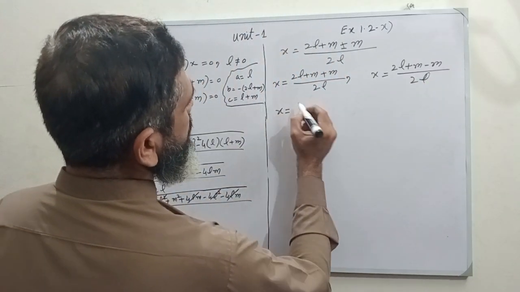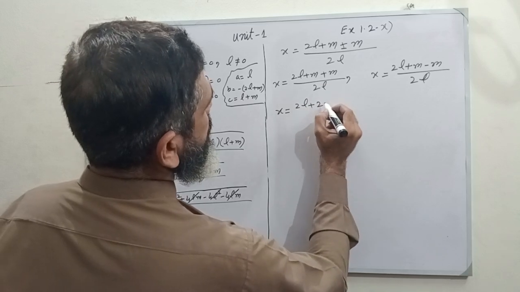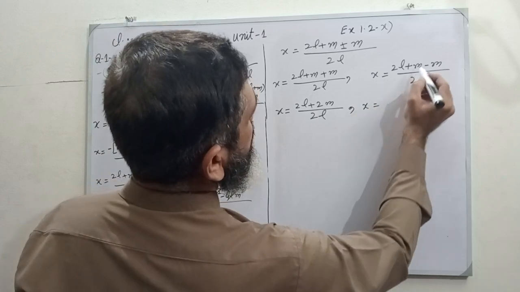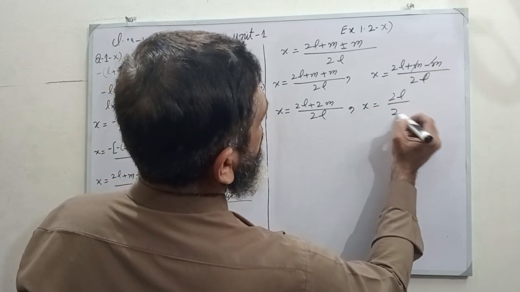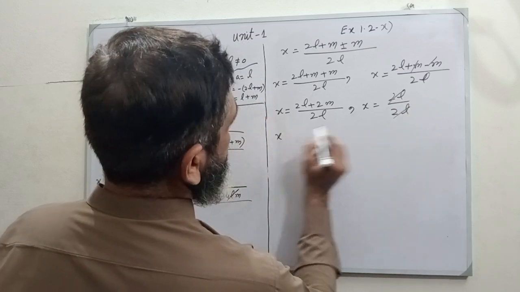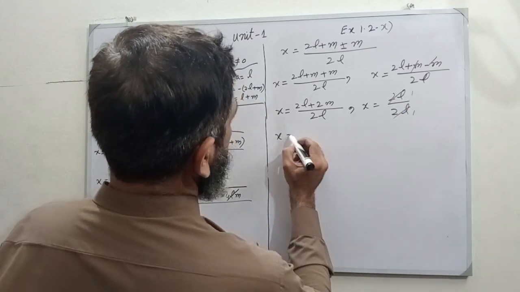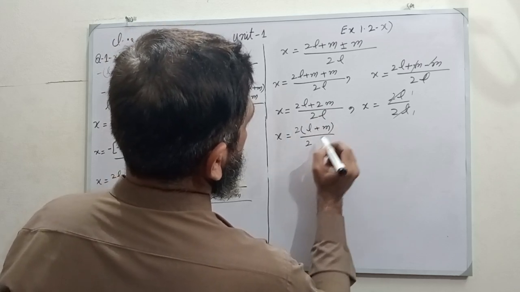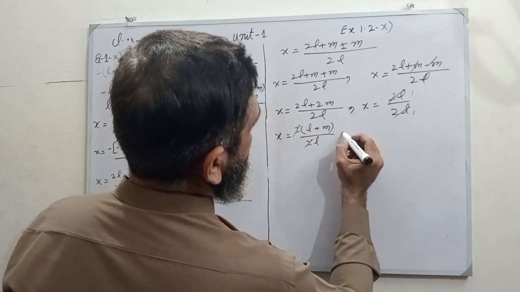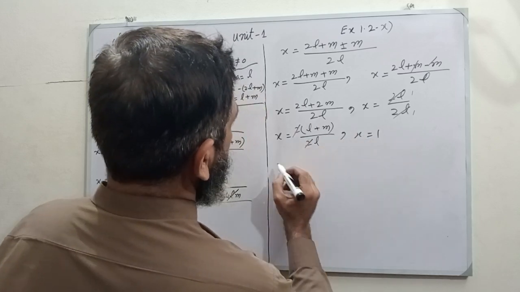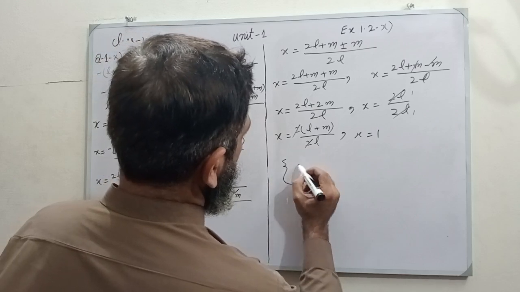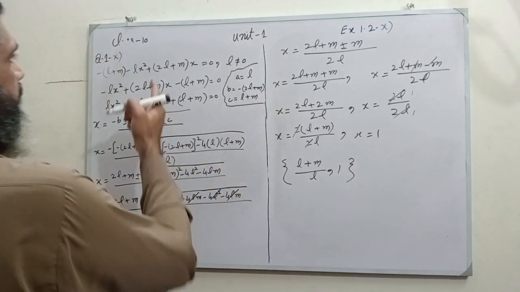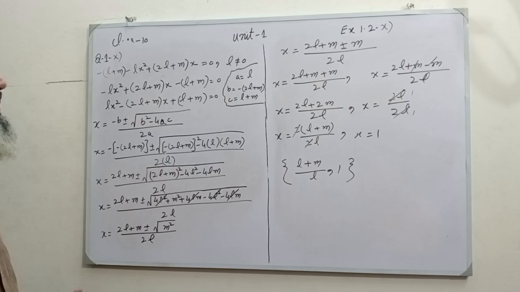So here X is equal to 2L plus 2M over 2L, and the other X is equal to 2L over 2L. This will be cancelled with 2L, so X is equal to 1. In the first one we take common L plus M over 2L, and this will be cancelled, so X is L plus M over L. So L plus M over L and 1 are the solution set of this equation.